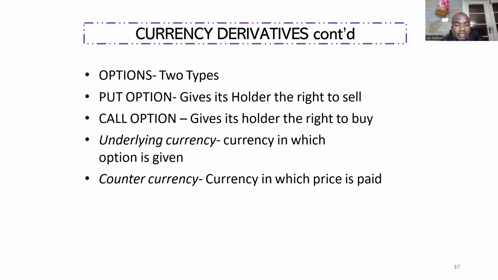The underlying currency is the currency in which the option is given, say the United States dollar or the euro, depending on one's obligations in the future in terms of international trade, because these financial instruments are normally purchased by international traders as a way of managing risk.